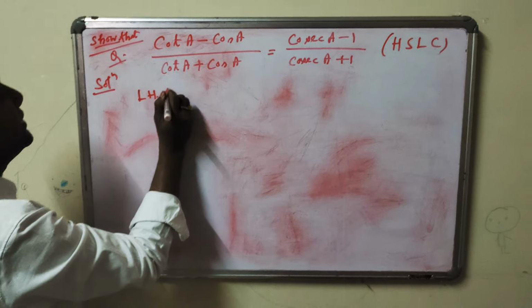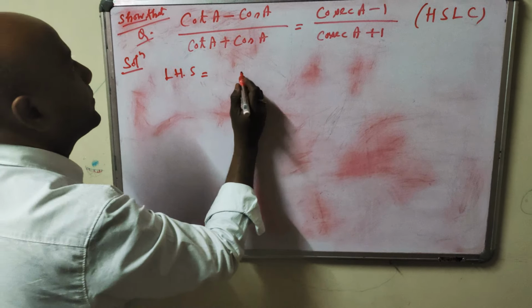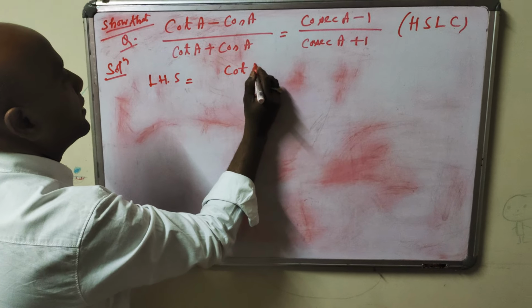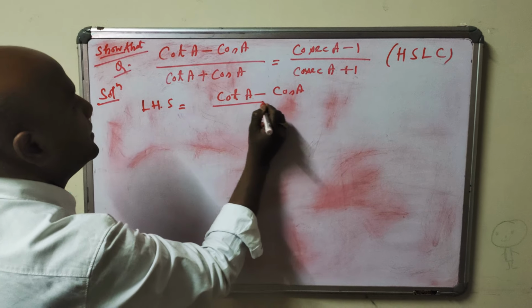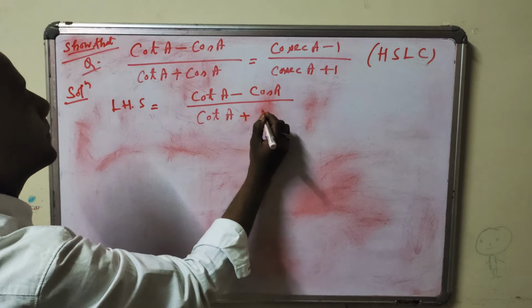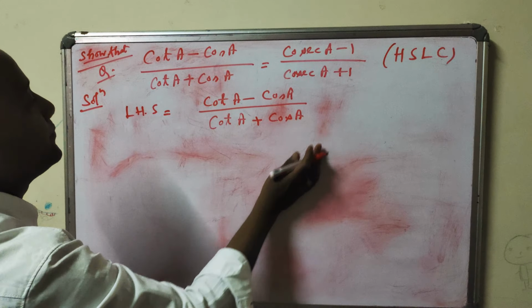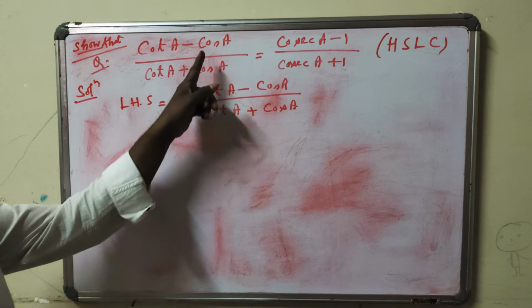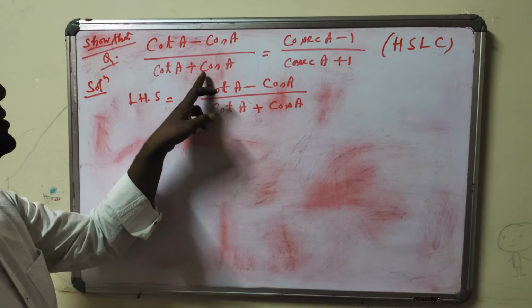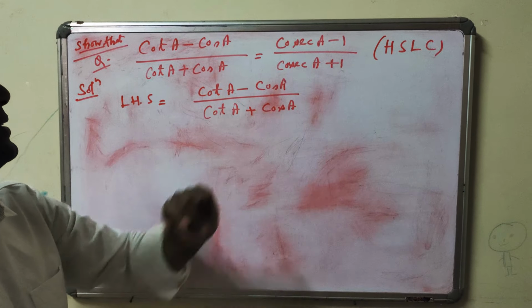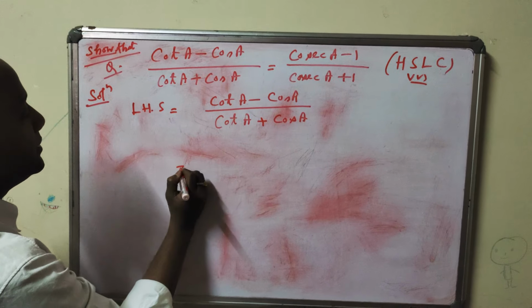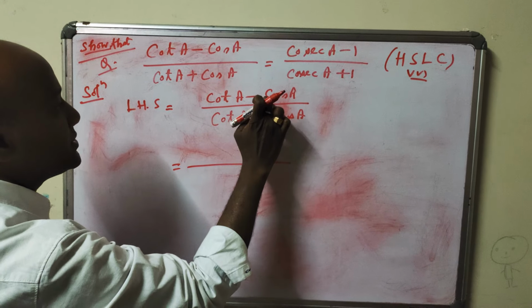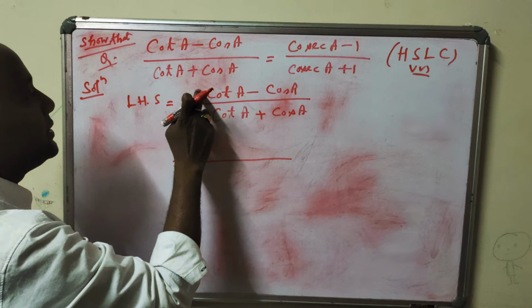Take left hand side. It will be easier for you to do. Cot A minus cos A divided by cot A plus cos A. From this we have to find this. See, here is cos. In cot there is cos, you know.